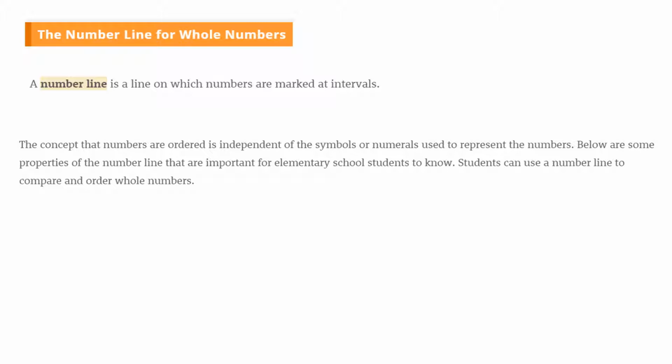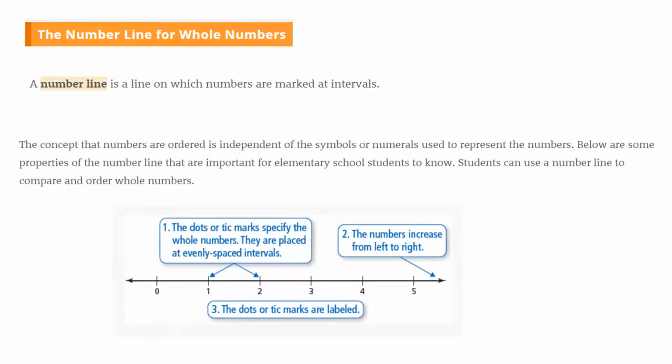So we have these intervals, and then we mark them off at the same distance from each other, and we use each of those intervals to represent a whole number. So here's a whole number line.